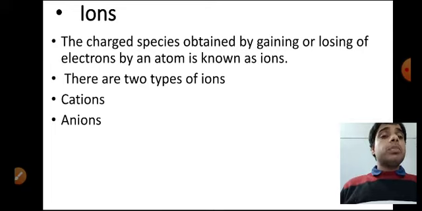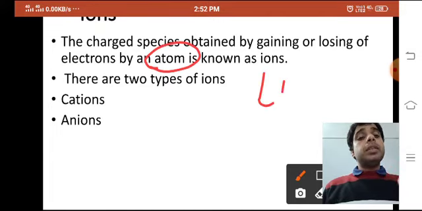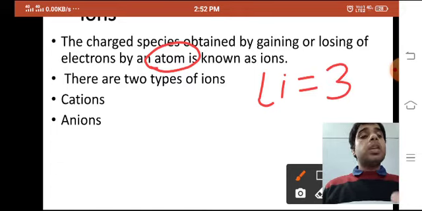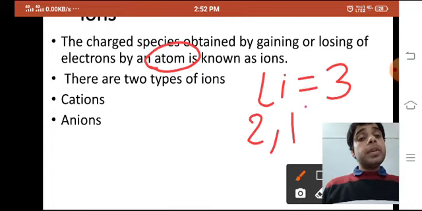As I am talking about the ions, that means definitely it will lose from the outermost electron. Suppose I have written here atom, so that means I have taken lithium. First of all, you should have an idea about the atomic number of lithium, 3. Then you can write also the electronic configuration, that one is 2 1 in K shell and L shell.